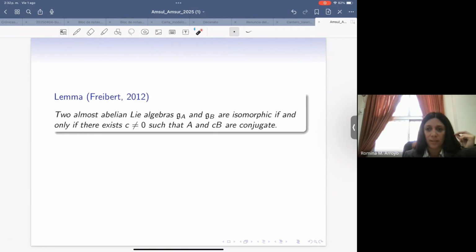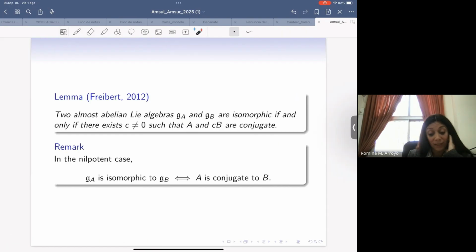Up to isomorphism, what happens with these Lie algebras? Two almost abelian Lie algebras are isomorphic if and only if the matrices A and B are conjugate up to scaling. So if we want to study up to isomorphism, we need to study the conjugation up to scaling of the matrices.